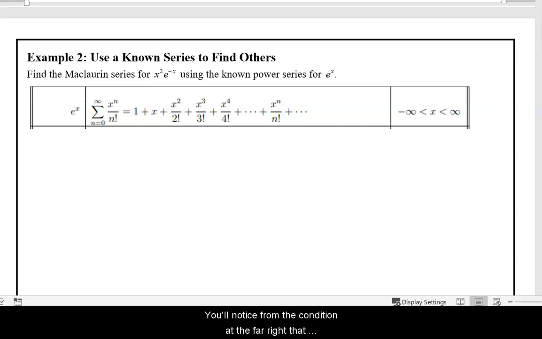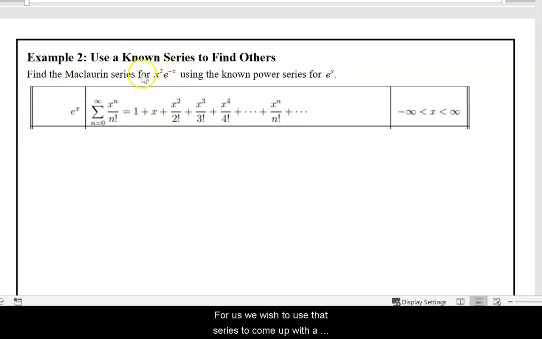You'll notice from the condition at the far right that it is in fact convergent for all real numbers, which means we could plug any value we choose in for x and get an exact value for e to that power. For example, if I want to know what e squared is, I could replace x with 2 in this infinite polynomial, and it will generate exactly the value of e squared.